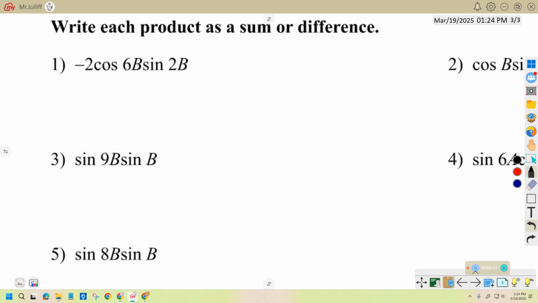And I see cos times sine is the last one, and it's sine of the sum of the angles minus sine of the difference in the angles. So I'm going to write the formula down, and then we're going to substitute the angles in. I know that this first angle we're going to call alpha. Second angle we'll call beta, because that's what our book does.